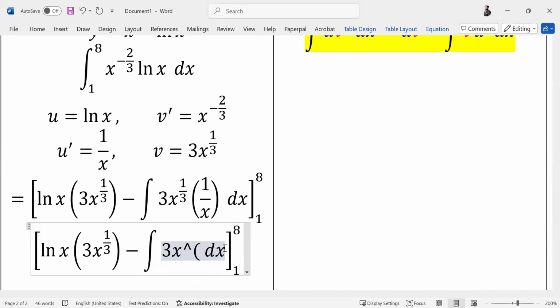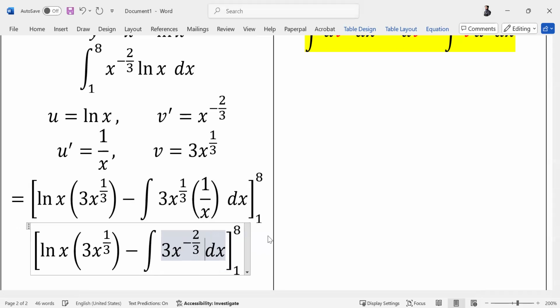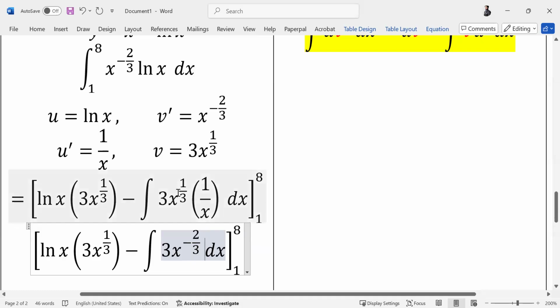Are you saying the sign correctly? Is it 2 over 3? Above it is 1 over 3 and it is being divided by x. So 1 over 3 minus 2 upon 3. Above, x to the power 1 over 3, below, x to the power 1. 1 over 3 minus 1 is, do it in your calculators if you're confused, but please do not make that mistake.